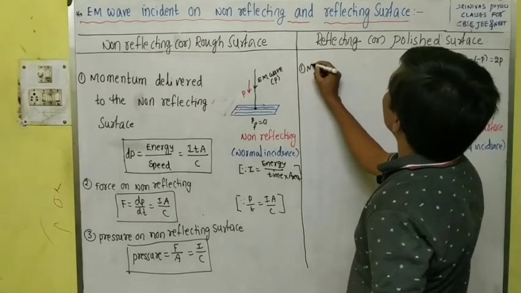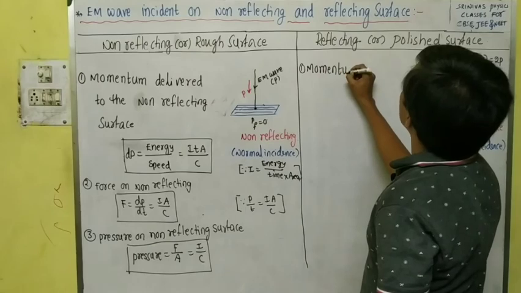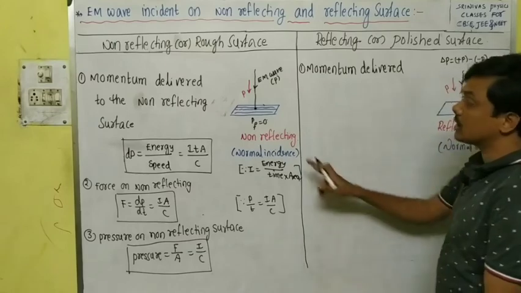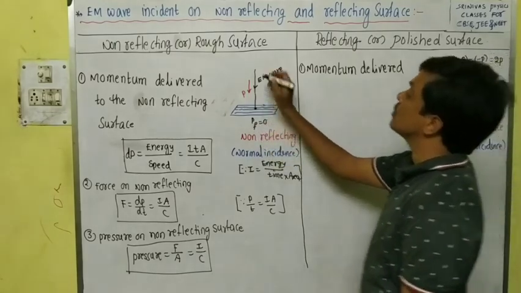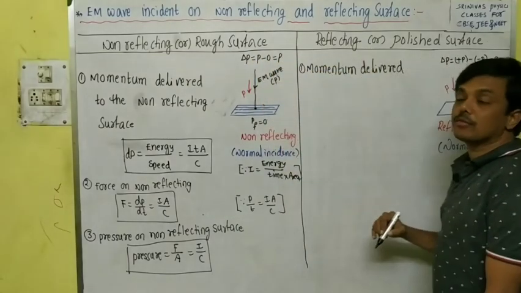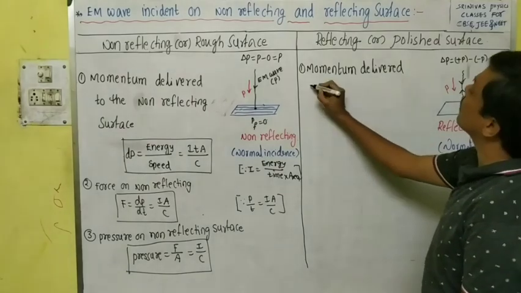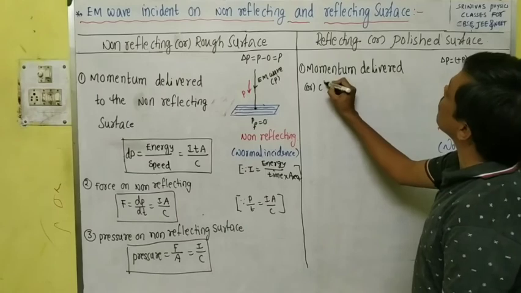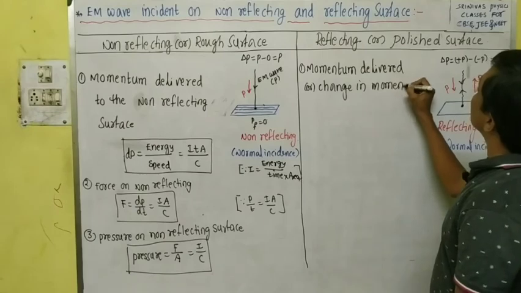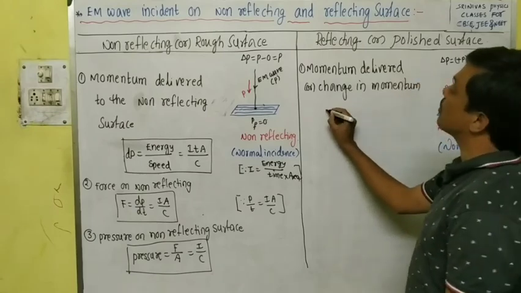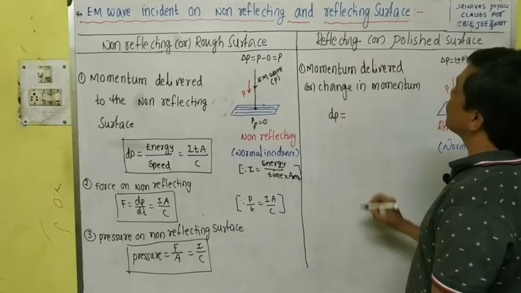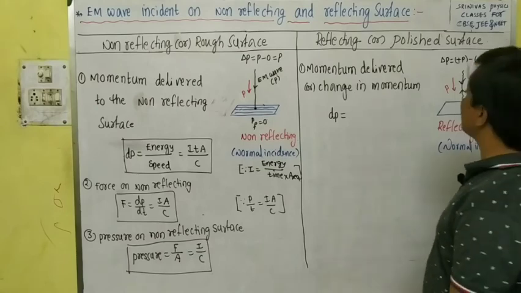I want the momentum delivered, which is equal to the change in momentum. In the non-reflecting case, the initial momentum is p and the final momentum is 0, so the change in momentum is p minus 0, which is p, the momentum of the EM wave. But for the momentum delivered to the reflecting surface, the change in momentum of the EM wave, dp, is 2 times the momentum, 2p.